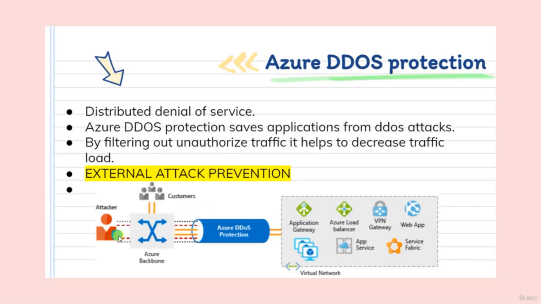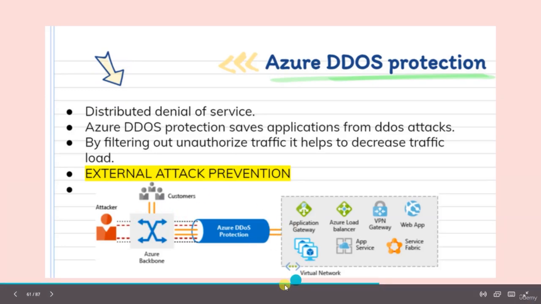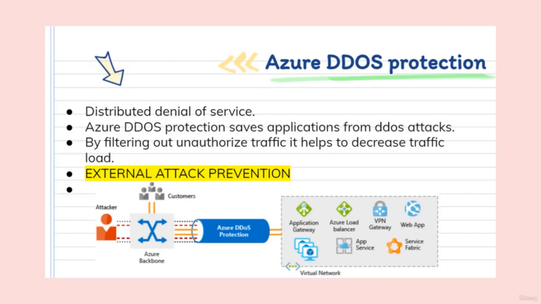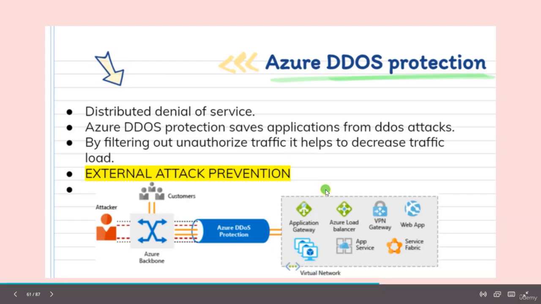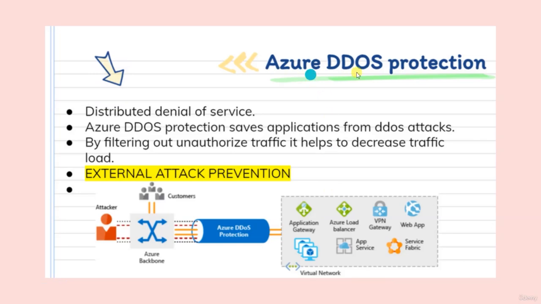If you notice, the traffic that is sent by the attacker is filtered out, and only the legitimate traffic is sent to the virtual network inside. So basically this is how, using Azure DDoS protection, Azure saves your application or your enterprise data from external attack.